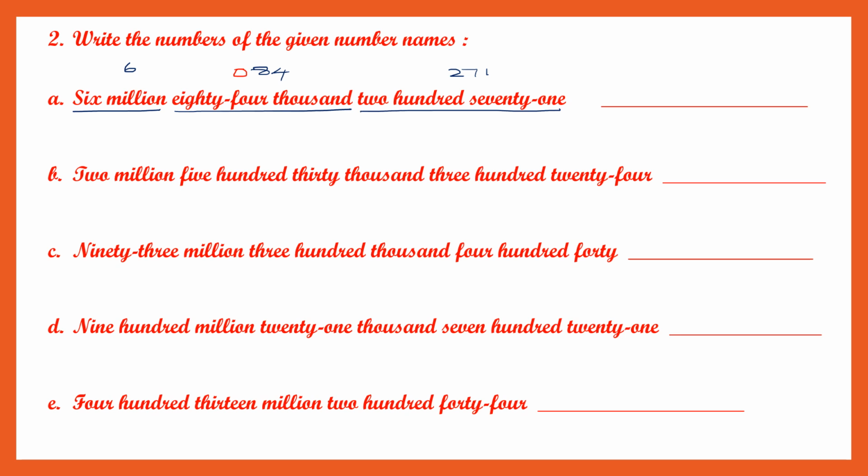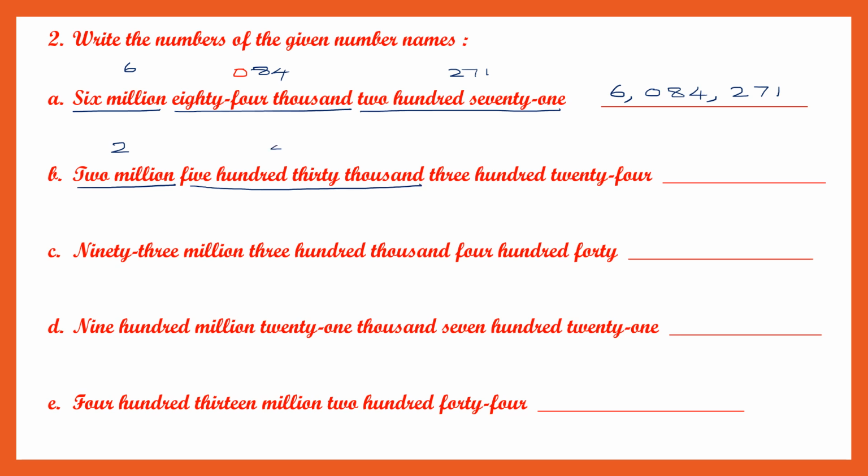So let's write down the number. So 6 million, put a comma after each period. Then we have 084, there should be three digits in the thousands period, and 271. Next one, 2 million. So let's write that there. So that's 2 million, that's one period there. 530,000.